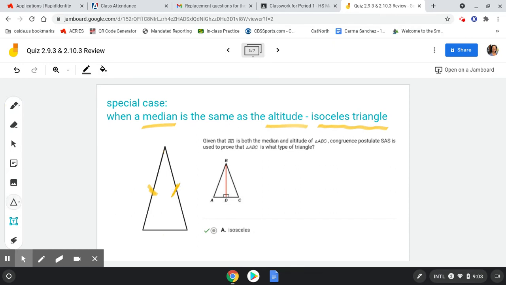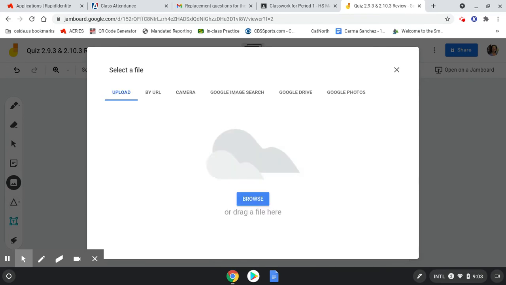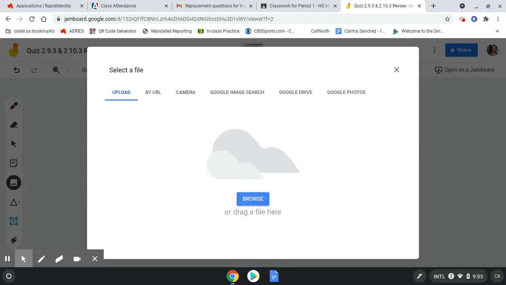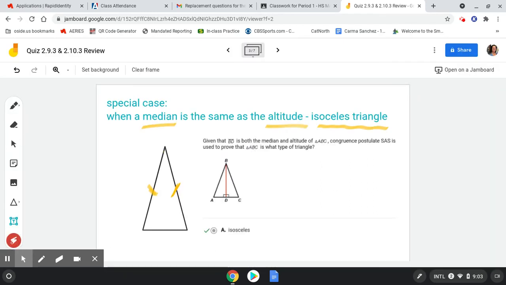When I draw on the median of this one, I'll do my best with my straight line. When we draw in this altitude, when it's an isosceles triangle, it does happen to be also the midpoint of the opposite side. There are going to be 3 questions on your 2.9 quiz that talk to you about this special case. So here's one example.